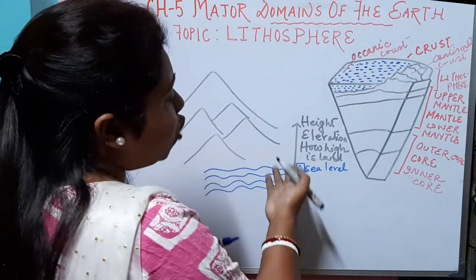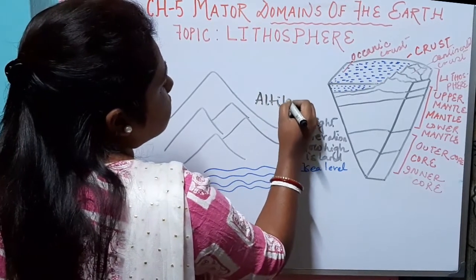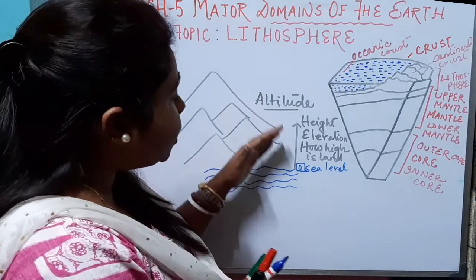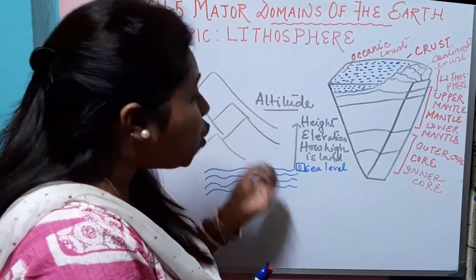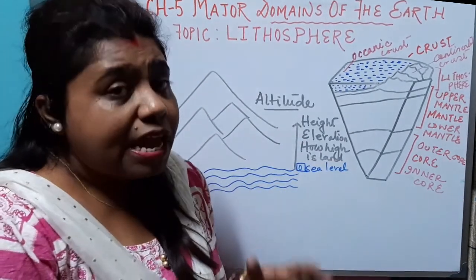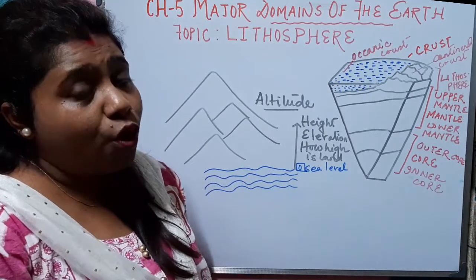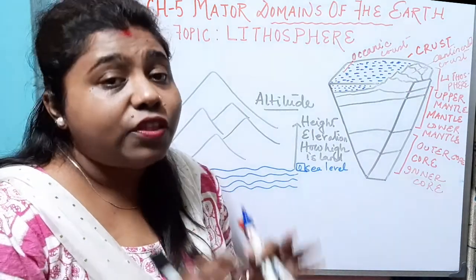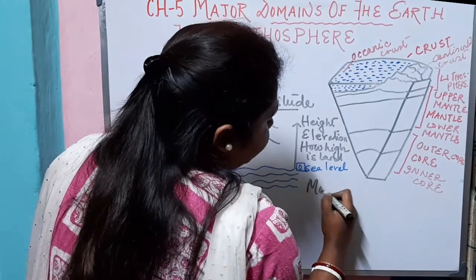Now the height from the sea level is referred to as the altitude. So what is altitude? Altitude is the height above the sea level, and it shows how high the land is from the sea level. Now, as we're talking about height, we should know which is the highest point on the earth. The highest point on the earth is Mount Everest.